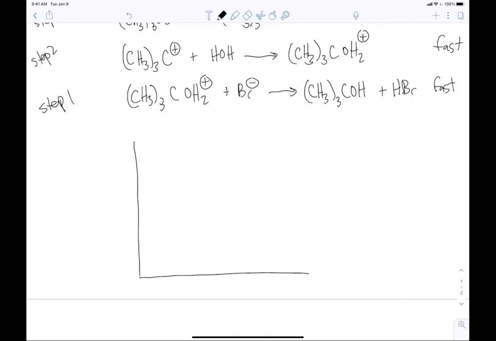You could be given a reaction coordinate diagram, for example, and that would tell you what the fast and slow steps are.